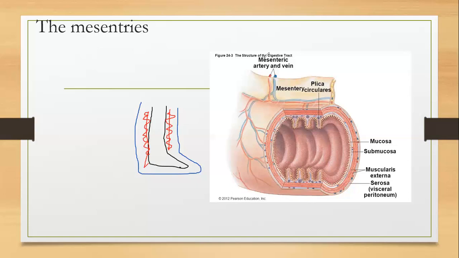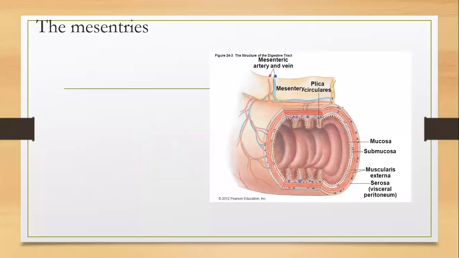Now, if you have that in mind, the next thing I want you to remember is that this serosa is a very thin membrane, a single cell layer of epithelial cells, which are also secretory. These layers appear like a cling wrap.